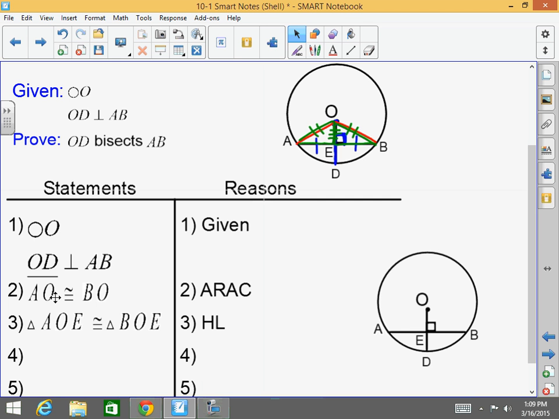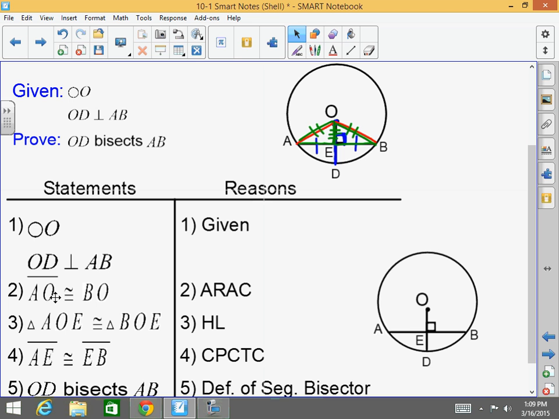I skipped the reflexive step. You guys should know that by now. Okay? Thank you. Step 4, AE is congruent to EB. Why? Because of CPCTC. And then, of course, OD bisects AB. Why? Definition of segment bisector.